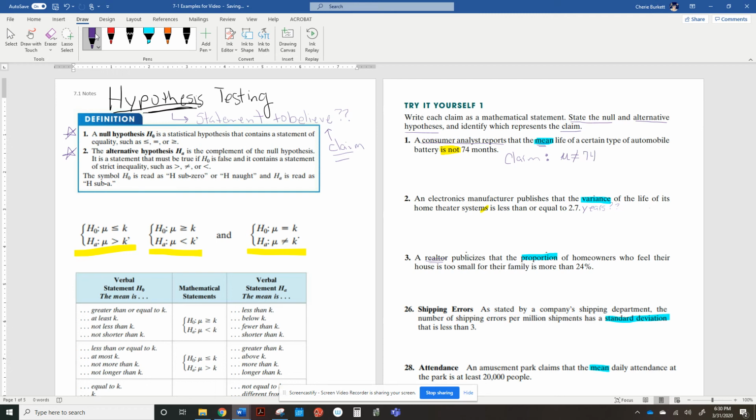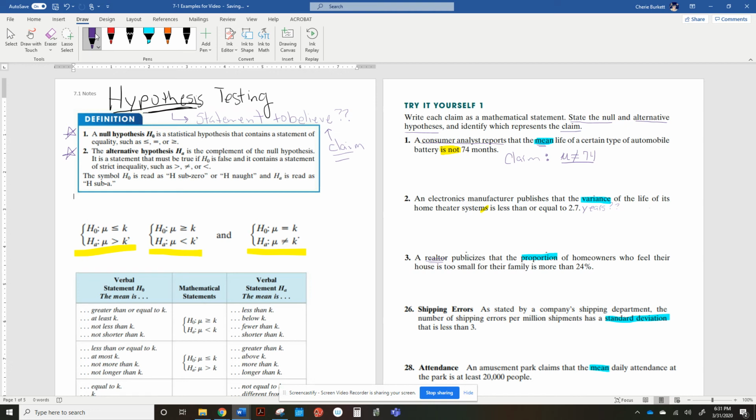All we did was take these words right here and change them into symbols. This says the exact same thing that this does: the mean is not 74 months. And that's the claim. That was given information. All we did was take what was given verbally and change it into symbols.